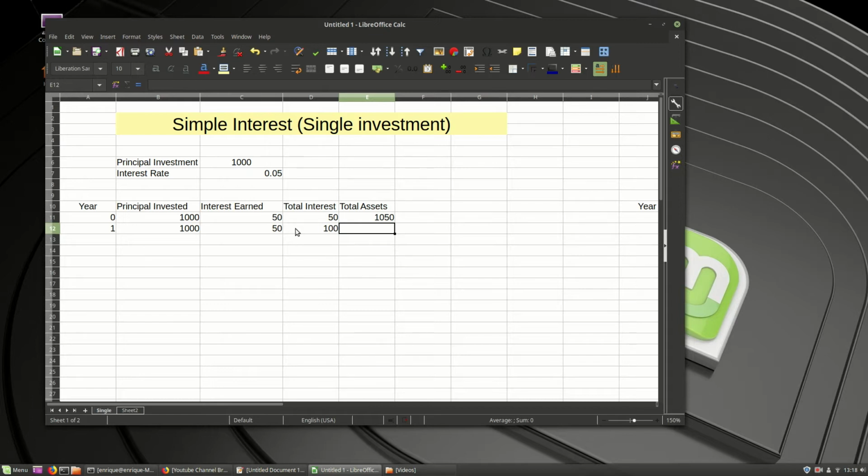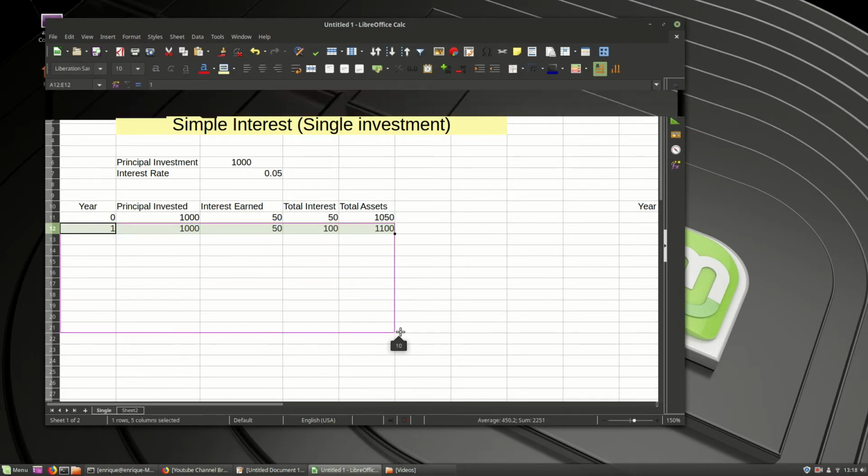So, all in all, how much do we have? Well, it's going to be equal to the total assets that we have plus the interest that we earned. And we're doing this in a very specific way. So, that's good and dandy.